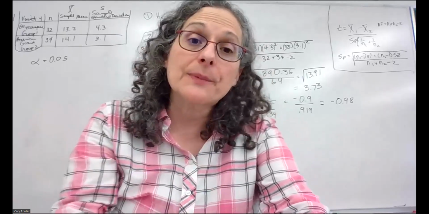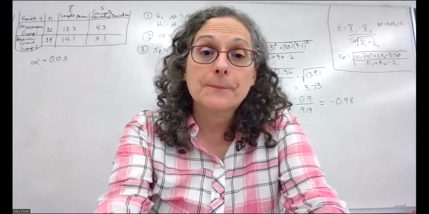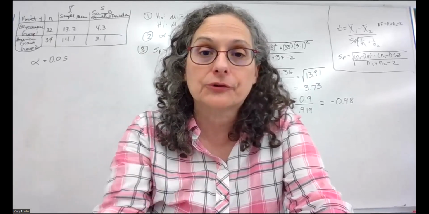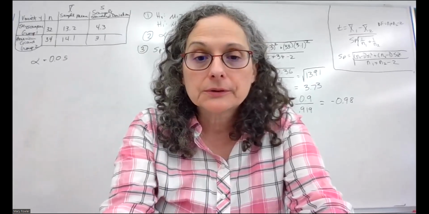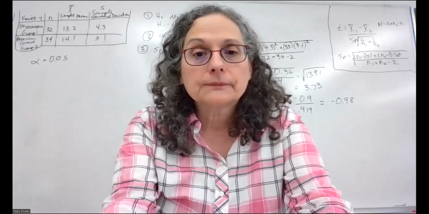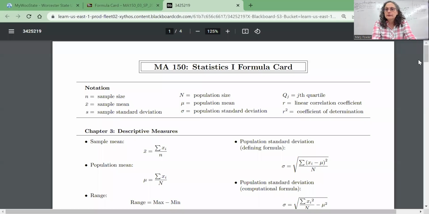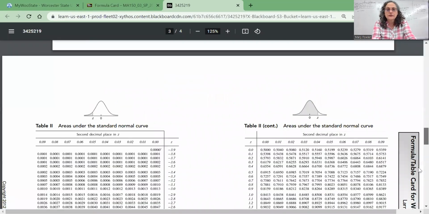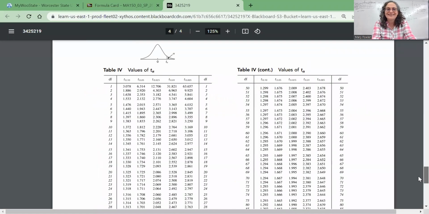Okay, so I want to share my screen and look at the formula card and the T table to get the critical values here. So you go to the last page, and this table is our T table, and we have 64 degrees of freedom.